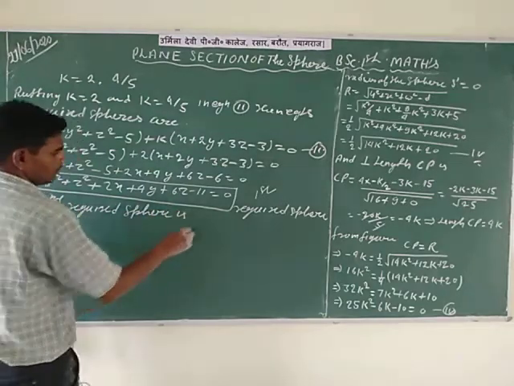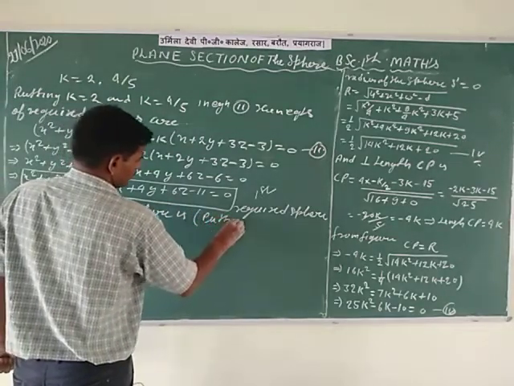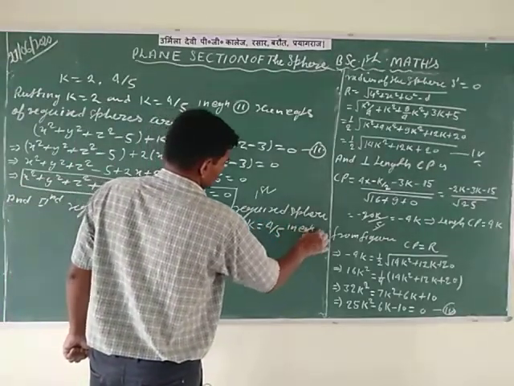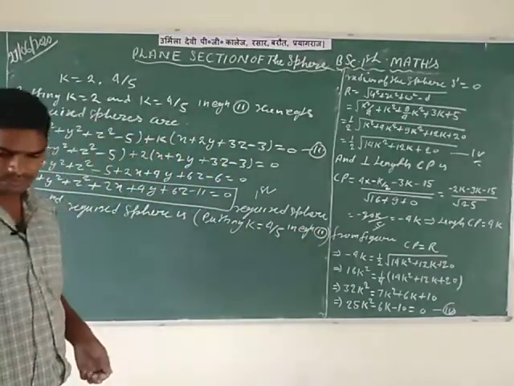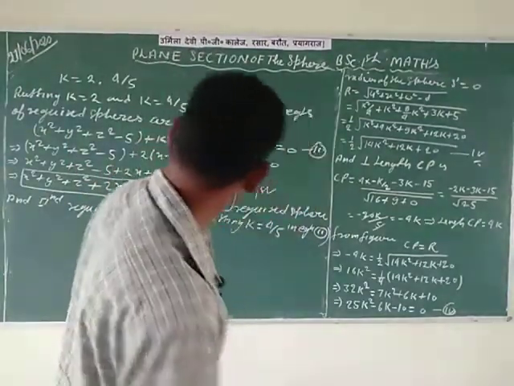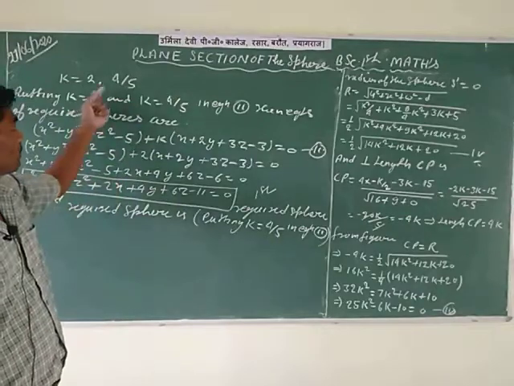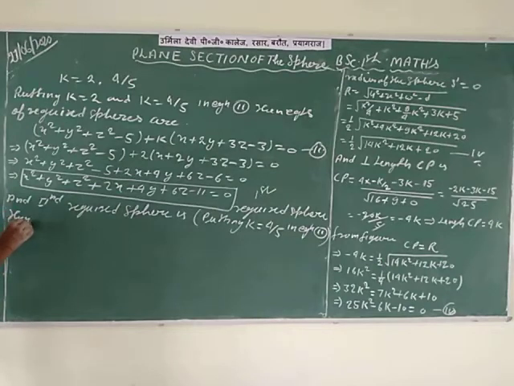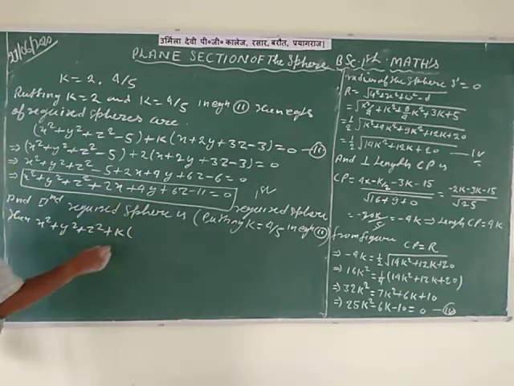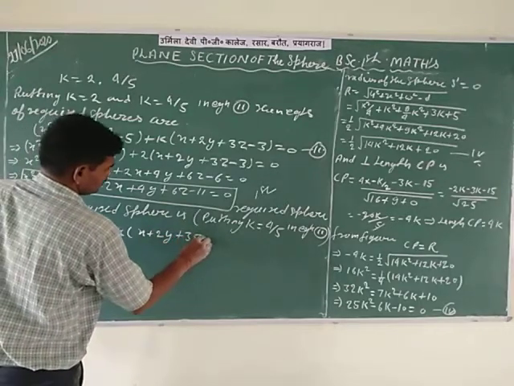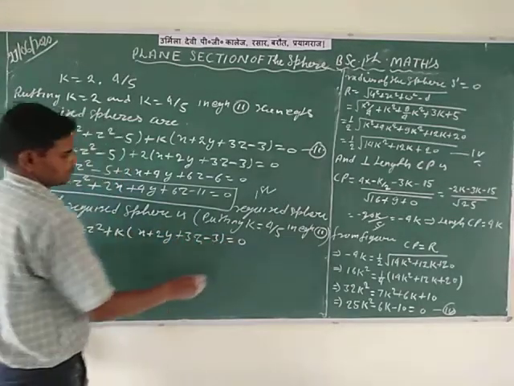So to find the second required sphere, putting k as 4 by 5 in equation second, x square plus y square plus z square plus k times x plus 2y plus 3z minus 3 is equal to 0 is equation second.